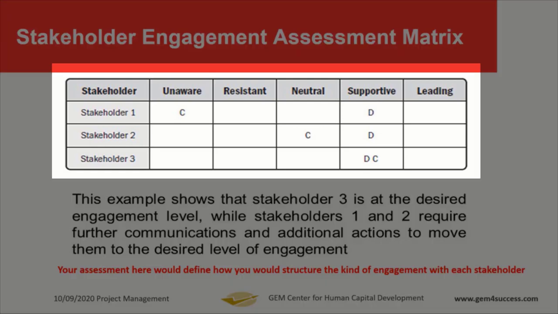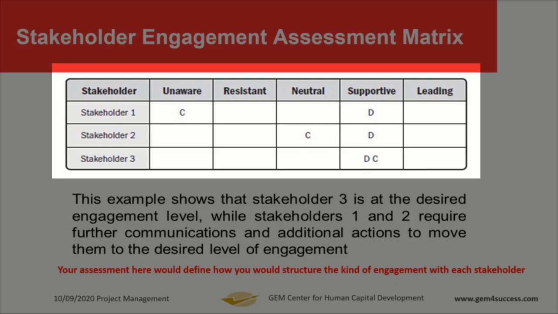Stakeholder 1, what is the current level? C shows the current level of engagement. D shows the desired level of engagement. So from this you can see that stakeholder 1 is currently unaware, but for the success of the project, it is highly desired that stakeholder 1 should be supportive.